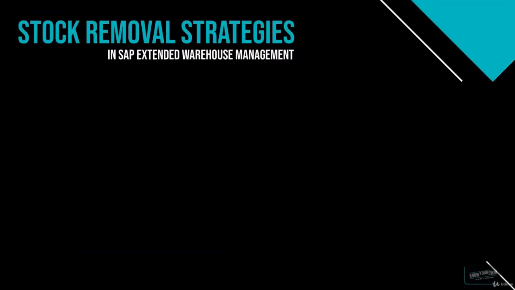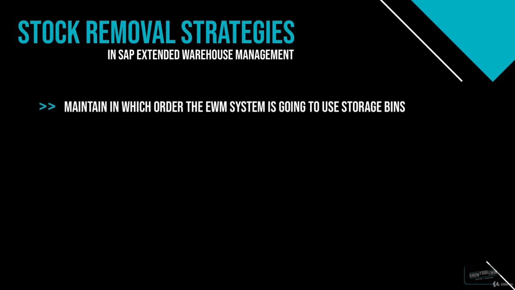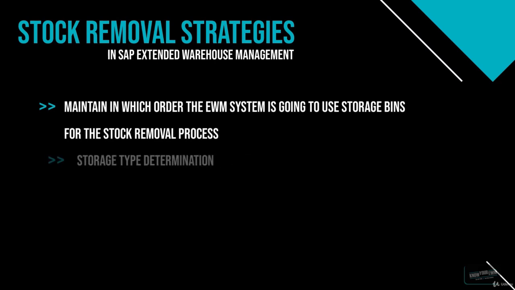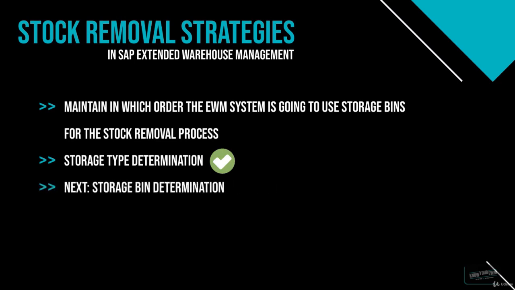With these strategies, we can maintain in which order the EWM system is going to use storage bins for the stock removal process. Up to now we defined how we want the EWM system to determine a storage type, and now it is time for the actual storage bin determination where our stock is actually located.